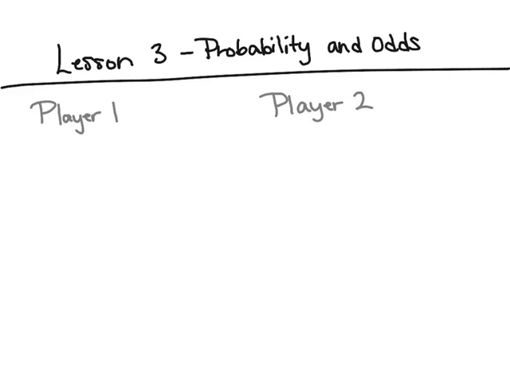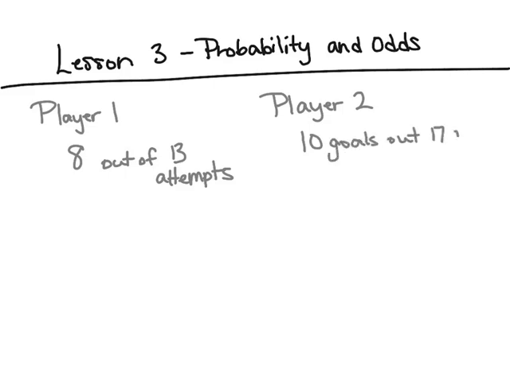So if we wanted to do the odds for player 1 scoring, it would be a ratio of 8 goals out of 13 attempts. We'll just start with that. And player 2 has 10 goals out of 17 attempts. So we're going to compare with ratios and odds and also with probabilities.